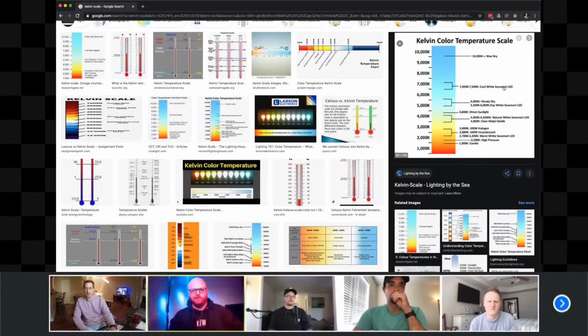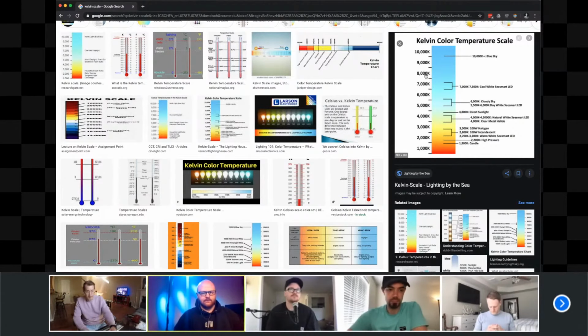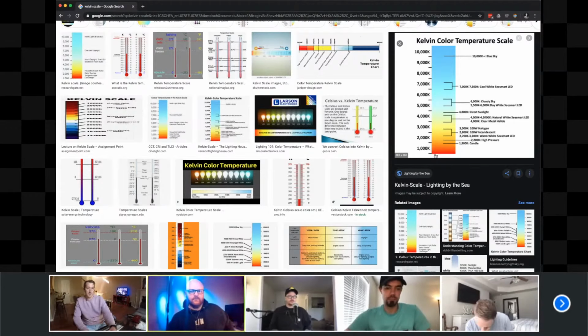We're talking about Kelvin, the temperature at which a flame or object burns, and the lower we are on the Kelvin scale, the warmer it is. Down at 1000 Kelvin, it's almost red, but more natural color temperatures are around 3200.